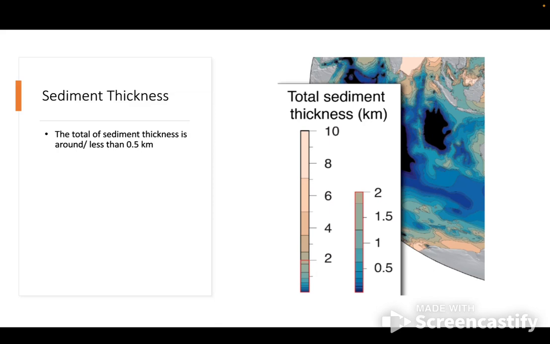The closer it is to that boundary, the thinner the sediment. It's around 0.5, maybe pushing 1 or 1.5, but the total sediment thickness is roughly 0.5 kilometers.